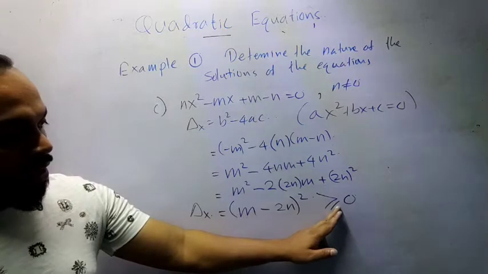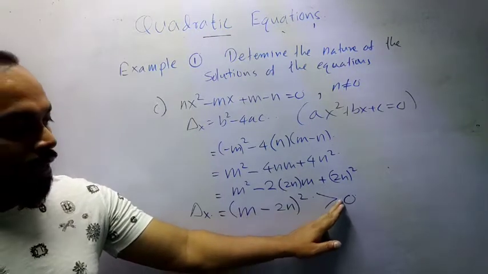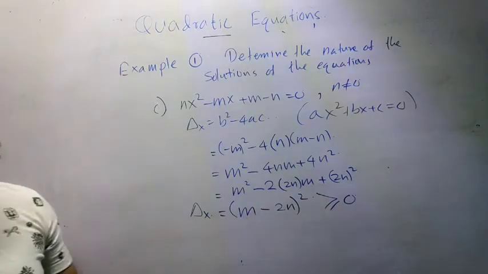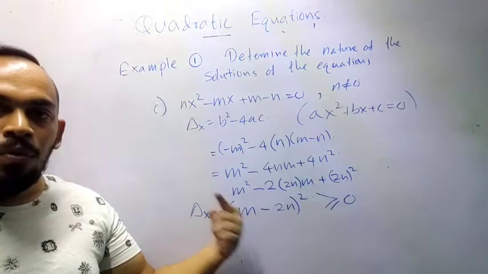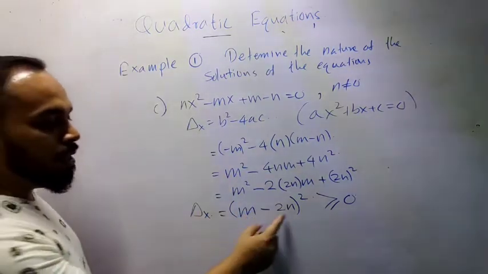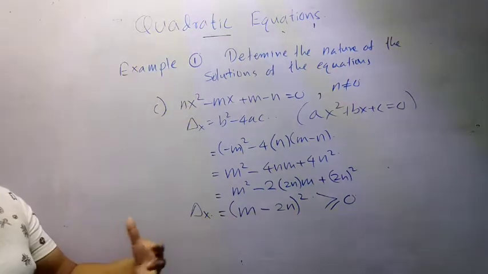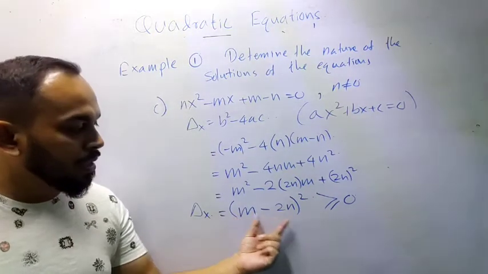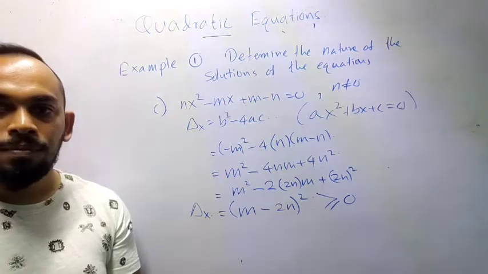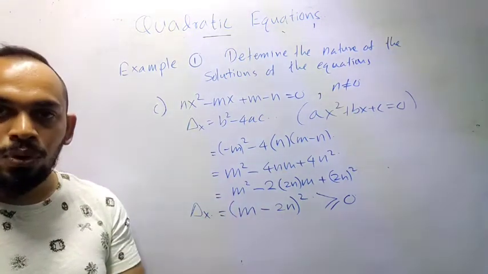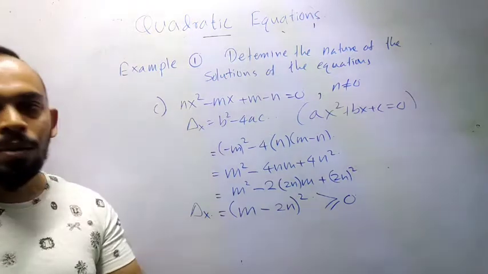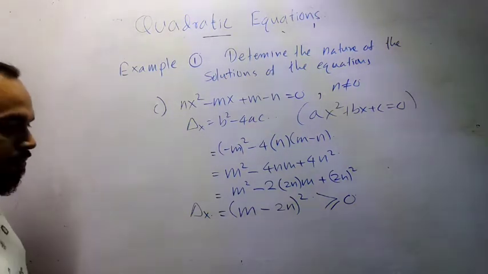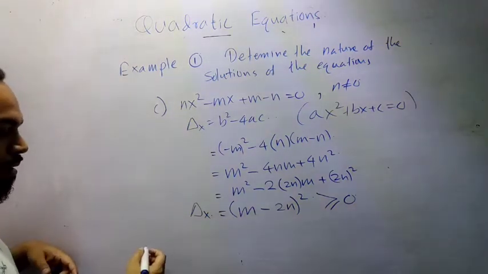The reason why we can have the equality here is that if we select m and n such that m is equal to twice of n, for those values the discriminant is 0. So let's write that down.